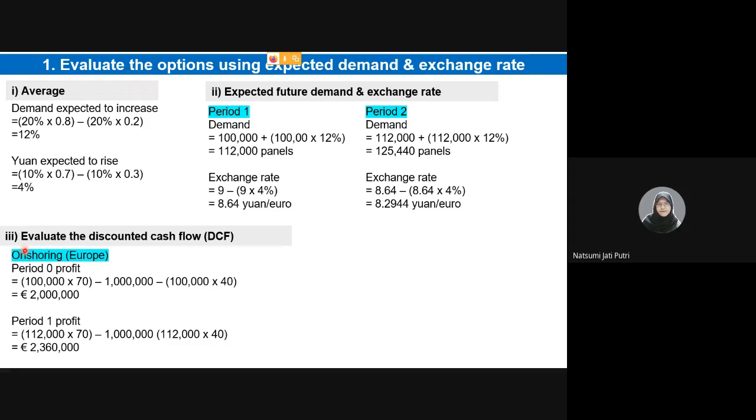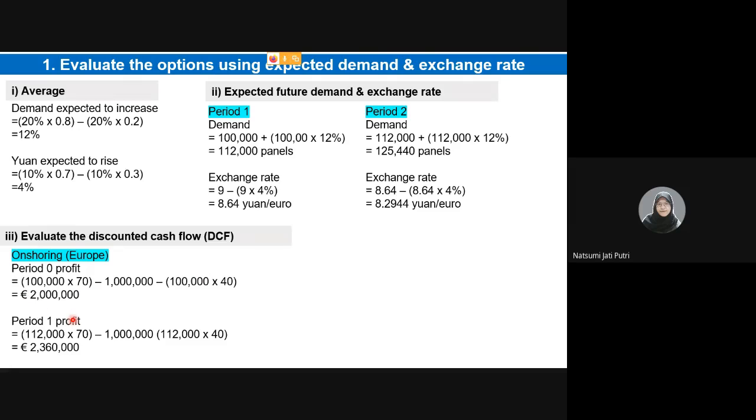So for onshoring, the period 0 profit is the current demand, 100,000 times 70, the price, minus the fixed cost, 1 million, minus the variable cost, demand times the variable cost, and we get 2 million euro.